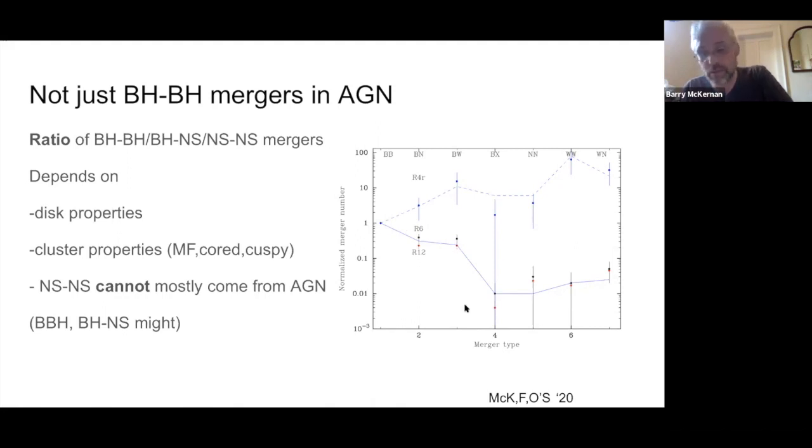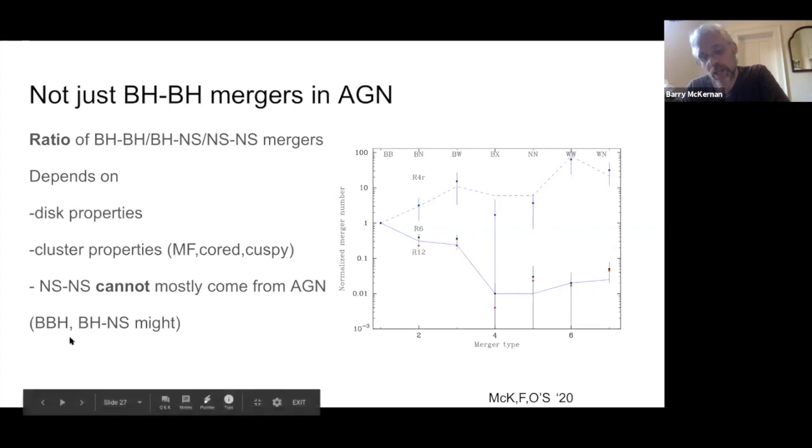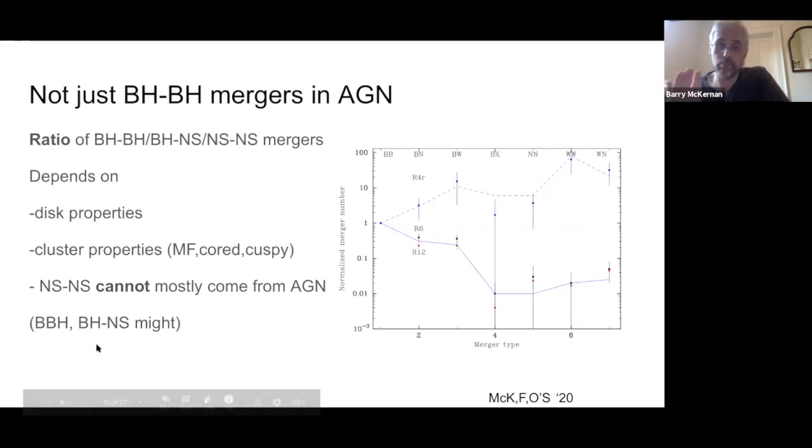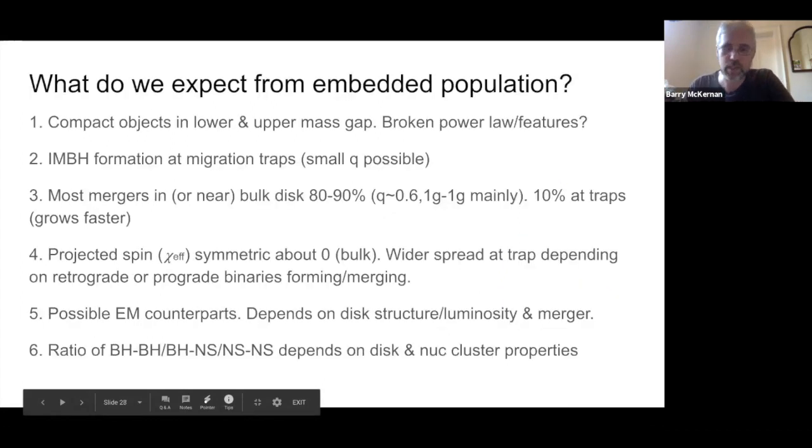One thing we find from our simulations is that the neutron star mergers that LIGO is detecting cannot come mostly from AGN. Definitely AGN are not the dominant contributor for that. Black hole binaries and black hole neutron star binaries might still be the dominant contributors, but neutron stars cannot be. Okay, that was the sixth thing.